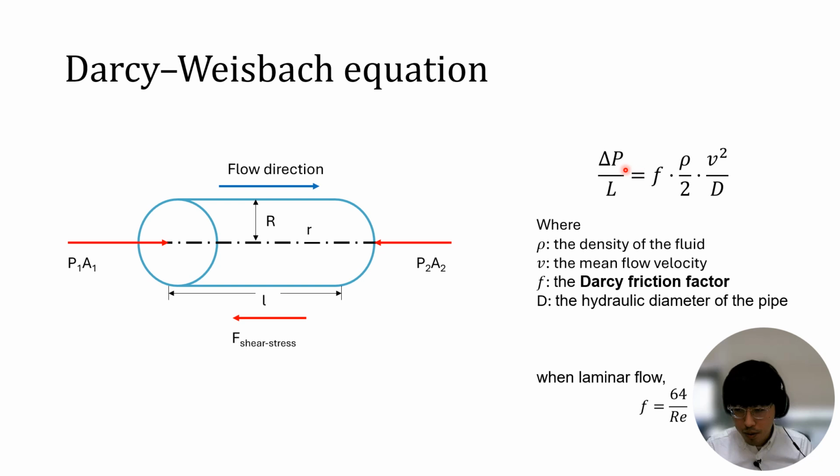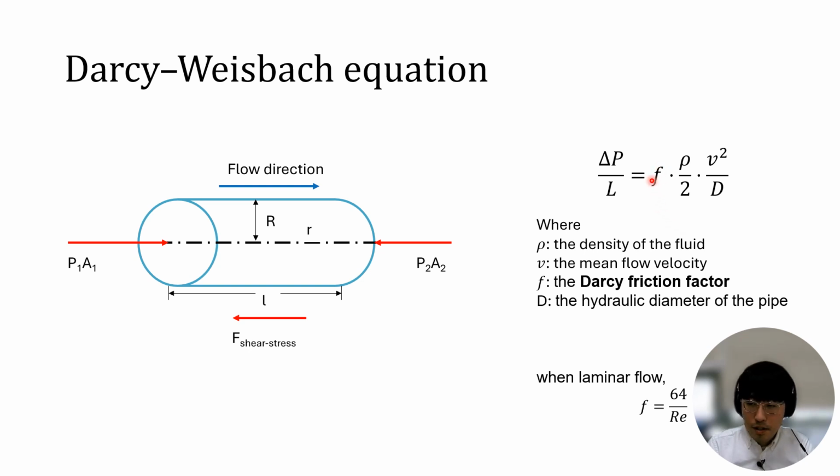So the pressure loss, which is given as delta P, is divided by the length, so that we have a unit pressure loss per unit length. That's the left-hand side, and that's going to be equal to f, which is the Darcy friction factor. This is non-dimensional, multiplied by half of the density times the square of the velocity divided by the diameter.